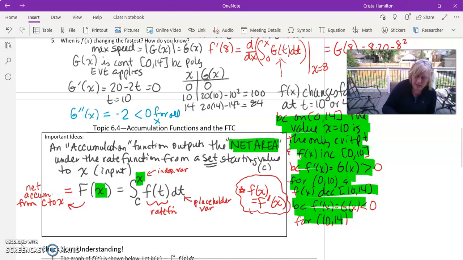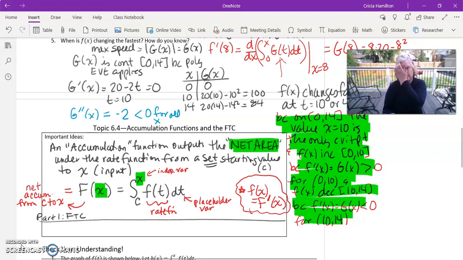All right, and so this is actually what part 1 of the fundamental theorem is. So part 1 of FTC is that if I have this accumulation function, capital F of x, and I want to take the derivative with respect to x of this accumulation function, then what we're doing is taking the derivative with respect to x of the definite integral from c to x of f of t dt.